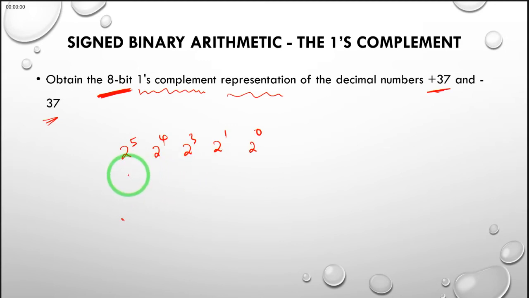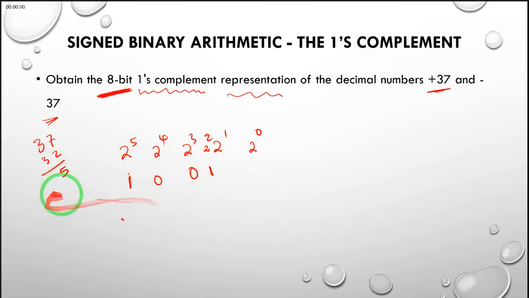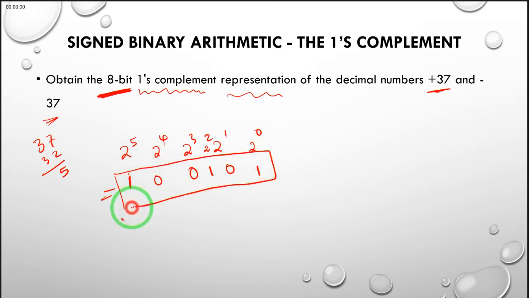and I know if I take 37 minus 32, I will be left with 5, so this will become a 1, and I will find this being a 0. So for me to get a 5, I will take a 4. So I will take a 1 there, and I will take a 1 there. This will become a 0. So this is our number 37, positive number 37 in binary.